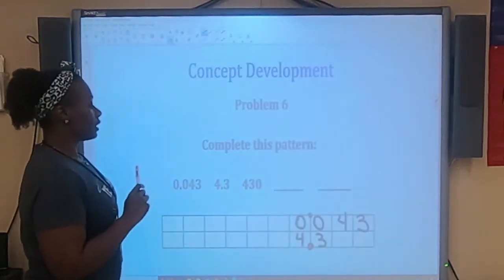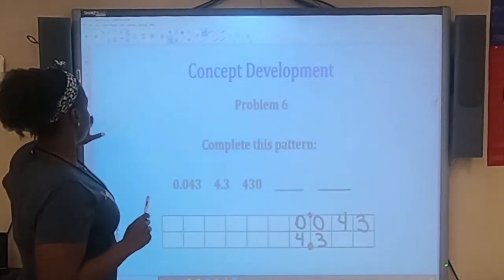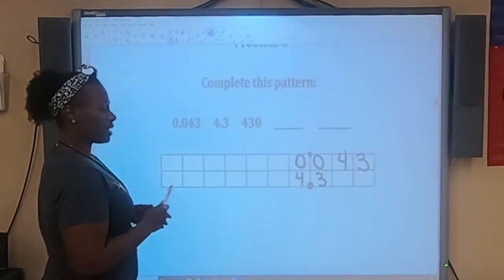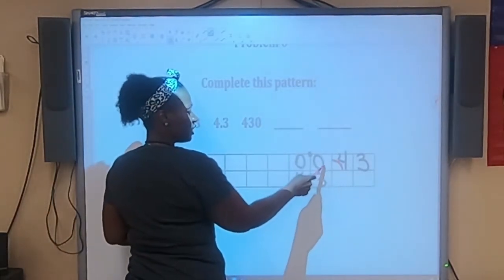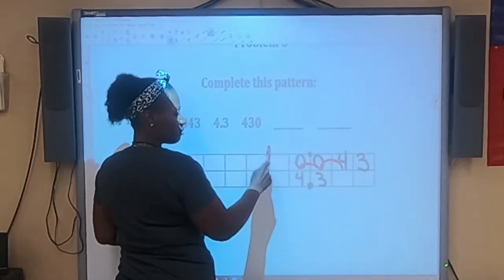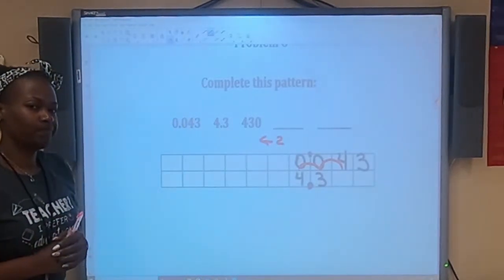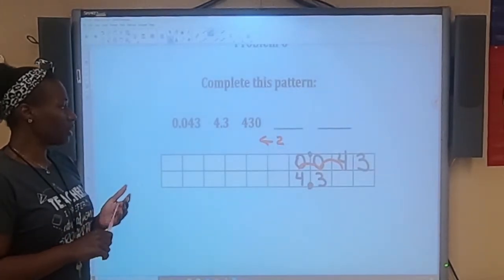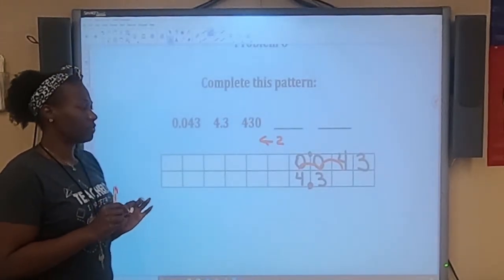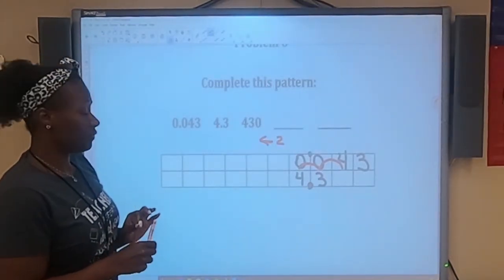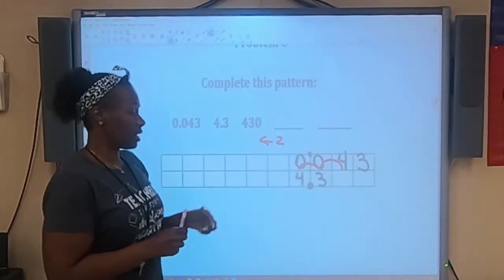So I'm noticing that my digits shifted to the right and they shifted 2 times. We learned in lessons 1 and 2 that when we shift digits, I might have said the right, but I meant the left. We shift to the left 2 times.